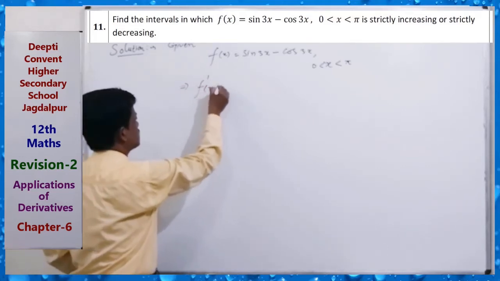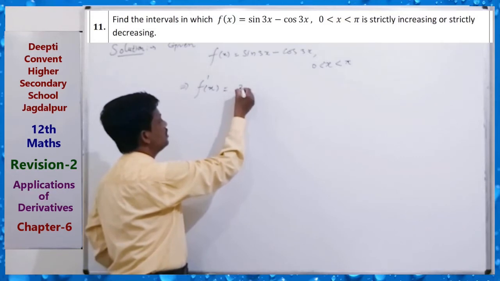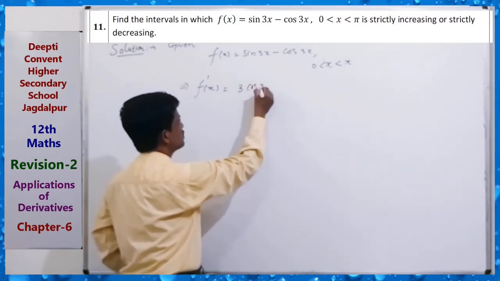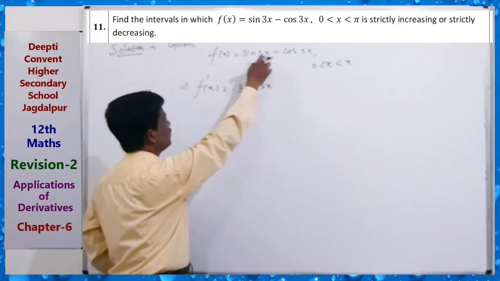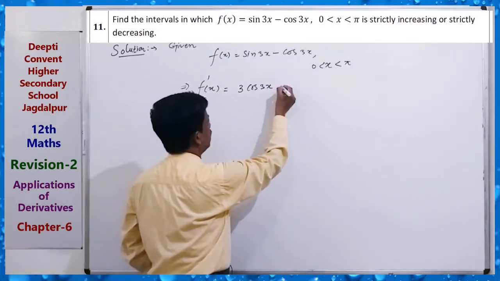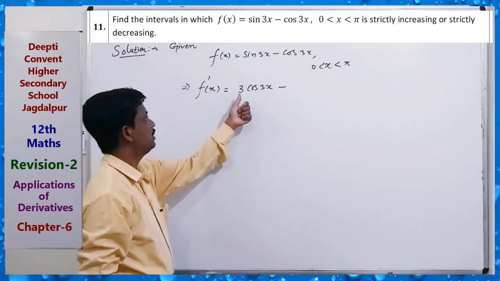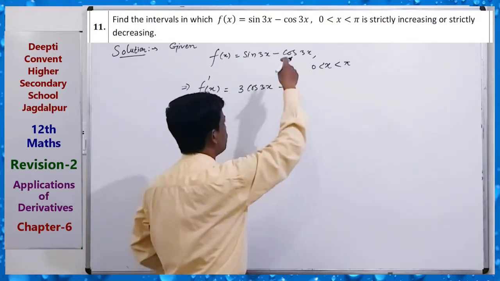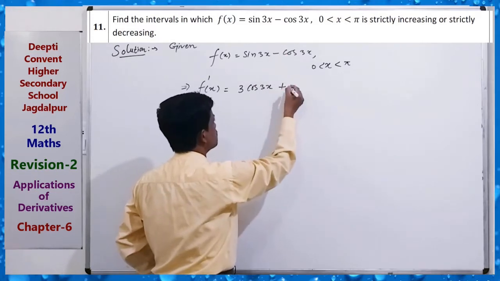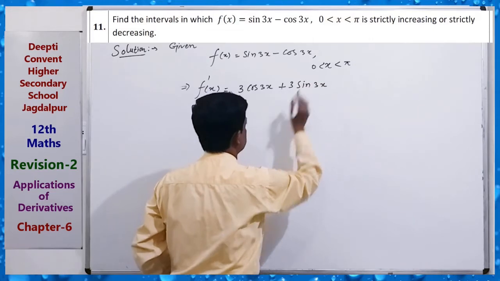f dash x equals, differentiating sin 3x gives 3 cos 3x, and for cos 3x the derivative is minus sin, so plus 3 sin 3x.